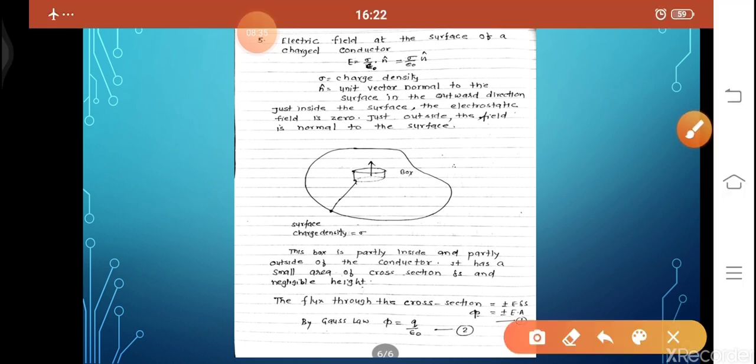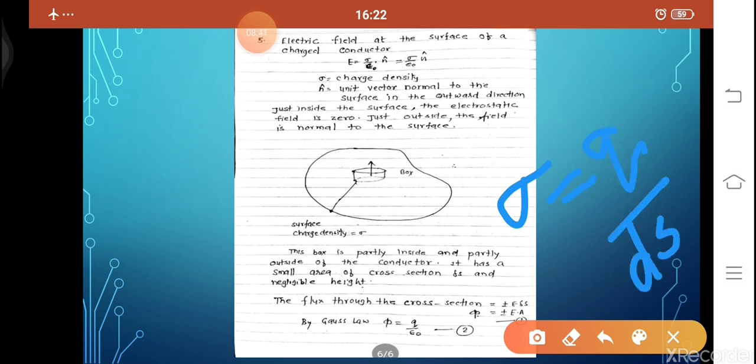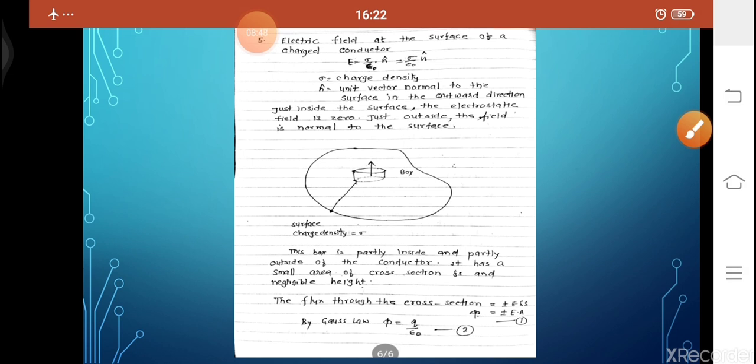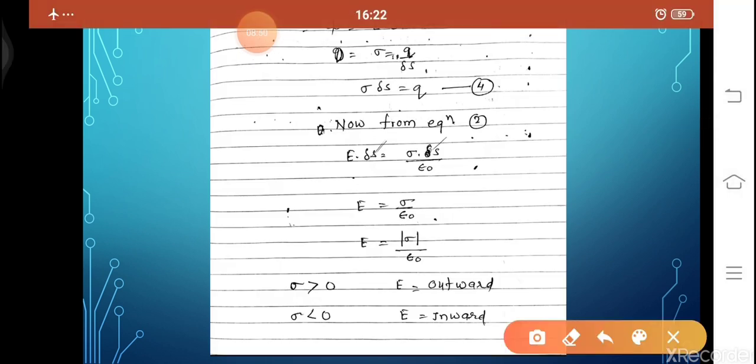Why? Because sigma equal to what? Q by ds. So when you replace this, Q will be sigma into delta S. Then this equation becomes E dot delta S equal to sigma delta S. This delta S cancels. So E equal to sigma by epsilon 0, that is, E equal to mod of sigma upon epsilon 0.